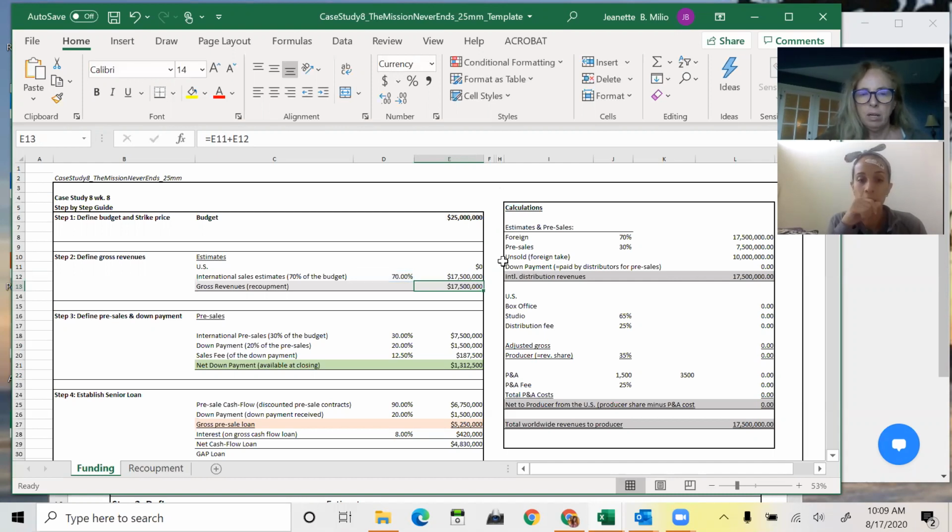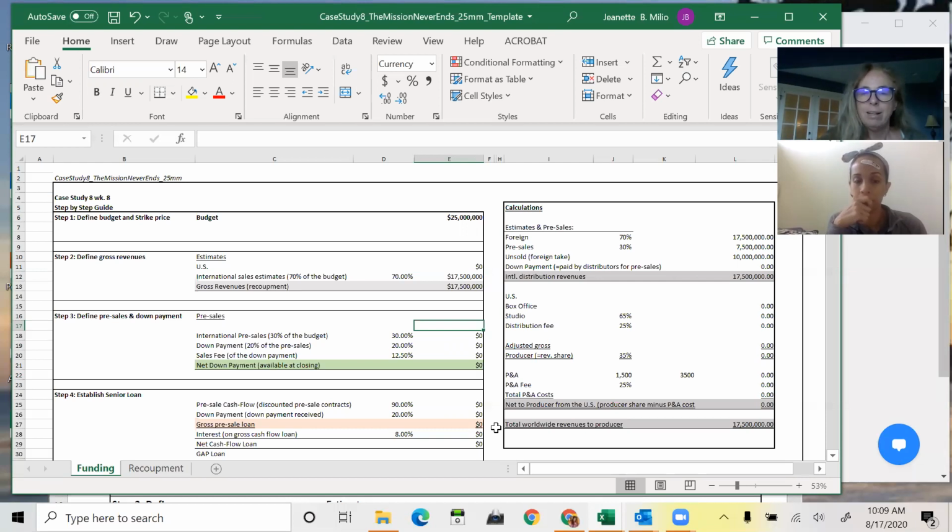Right now I'm going to zero this out too because this is all populating. The next thing we do is we know what our international sales estimates are because the assumption says 70% of your $25 million is going to be your international sales estimates, which are just estimates. We haven't done any sales yet. It's basically the sales agent telling us, here's what I think I can do with this movie. Maybe. That's all this is.